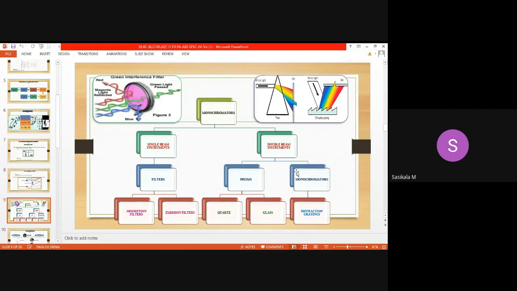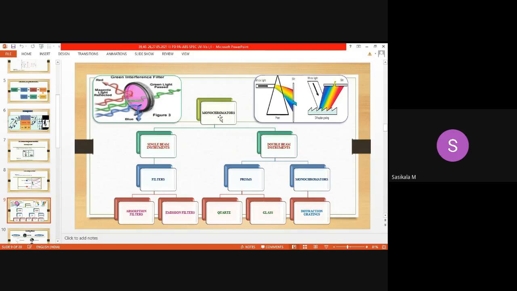Then monochromators, based on the principle, are divided into diffraction gratings, the grating monochromator. So this is the classification of monochromators used in UV visible instruments.